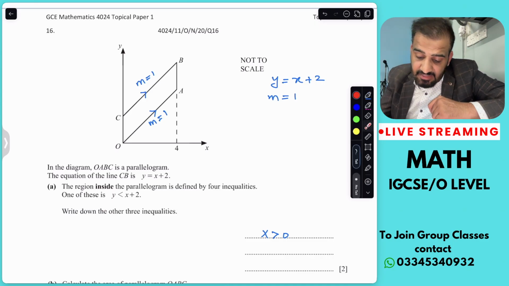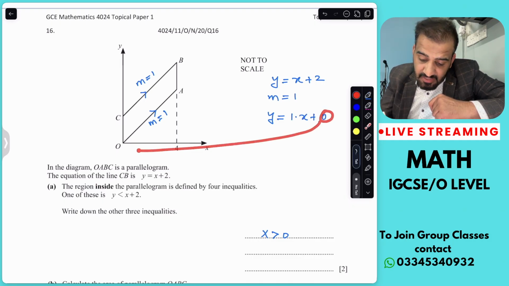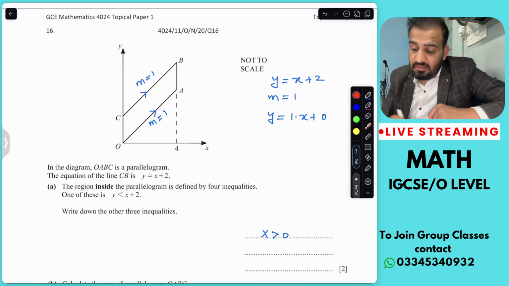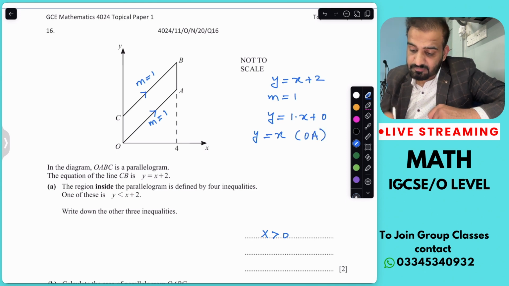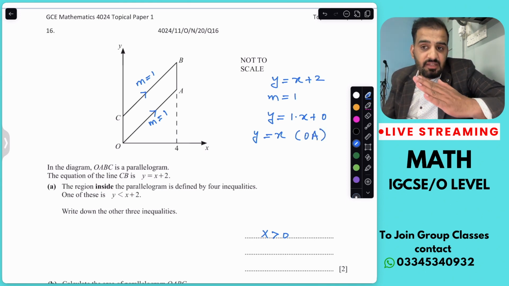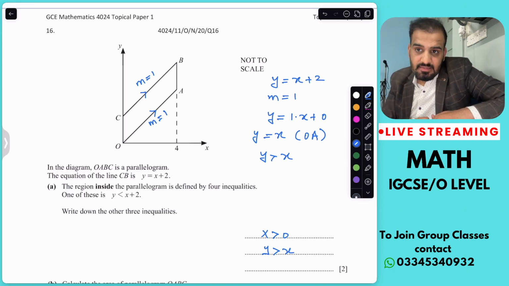That is why the gradient of the other line is also 1. So y equals 1 into x plus 0. Why 0? Because it is passing through the origin. So y equals x is the equation of OA. Now the region is above this line, so you will say y is greater than x.